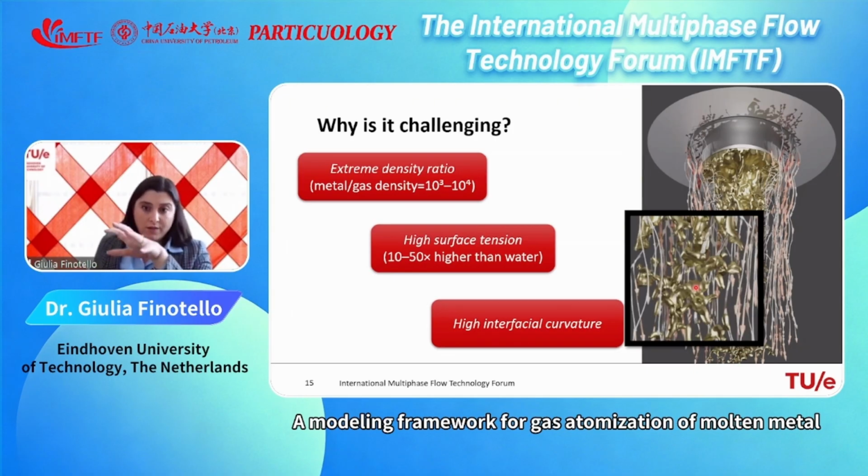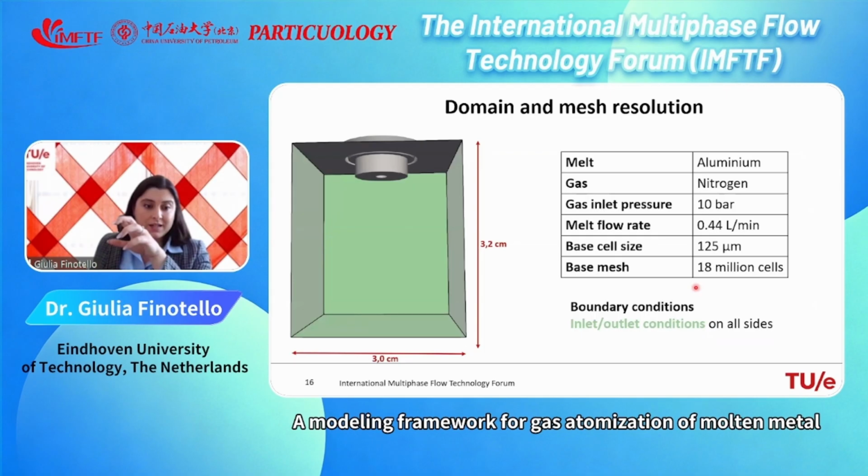So let me give you a little bit of understanding of what we are doing. This is our domain, mesh and boundary conditions. Here we have a melt inlet, and the gas comes from an annular slit.